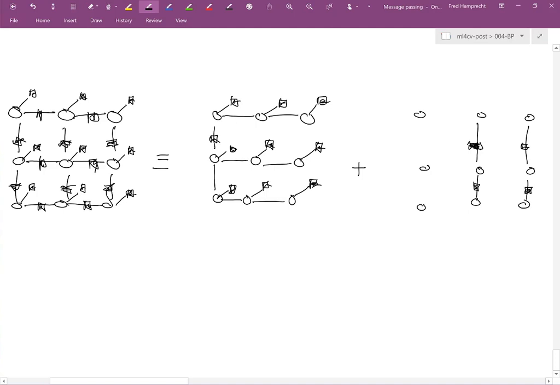Okay, I'm just going to build two comms here, even though I have some overlap. Okay, and then all the unaries. Okay.